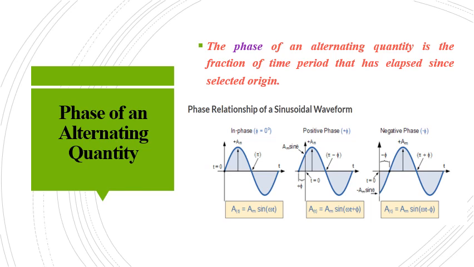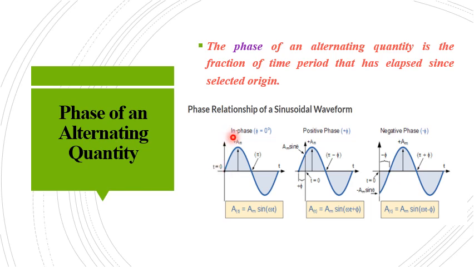In the first waveform, assume that the selected origin is the zero point of the sine waveform, and we are measuring the phase at t equal to 0. So at t equal to 0, we can see that that point coincides with the selected origin.